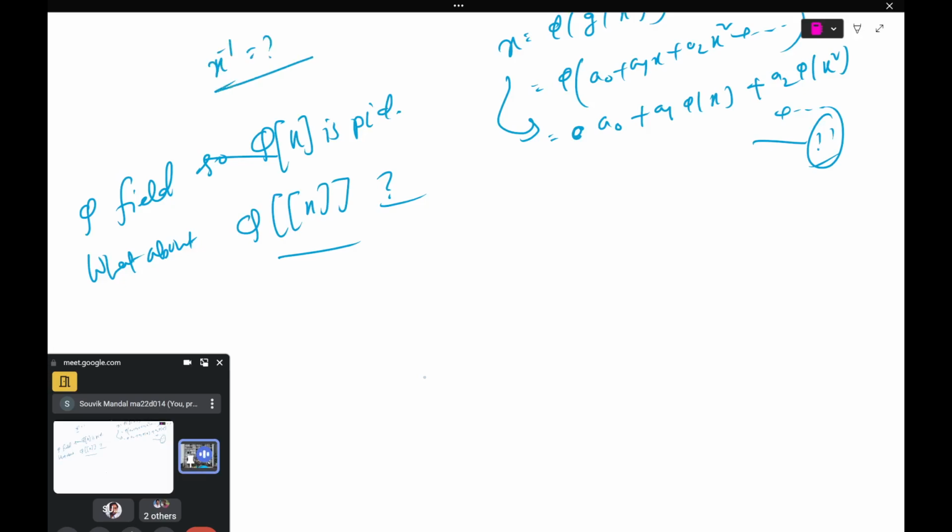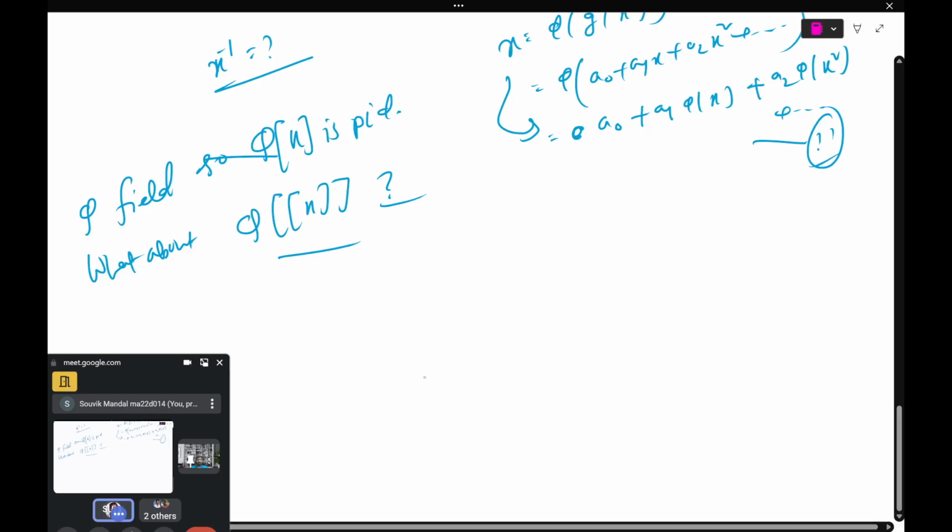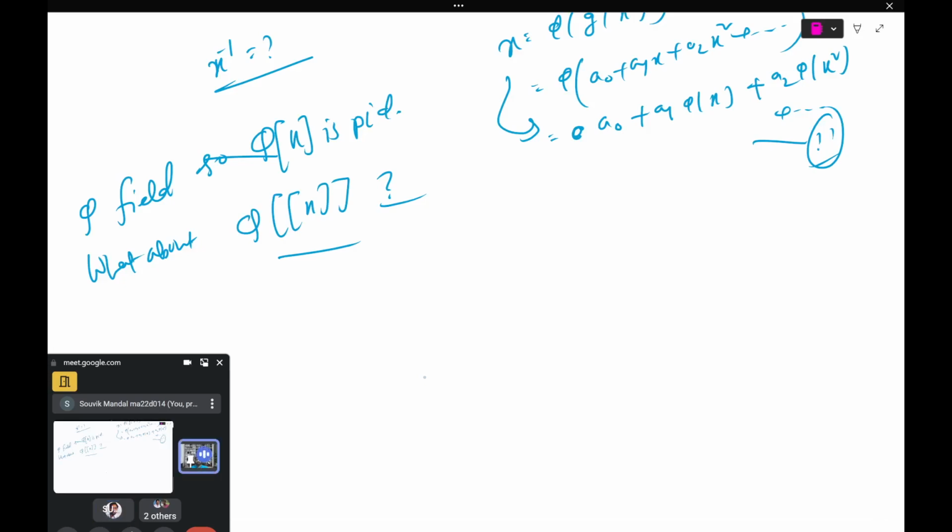What is the inverse of x? 1 by x, in Q[x]? What does it mean by 1 by x? The theorem is that if R is a field, then R[x] is a PID, not a field. That is the thing.